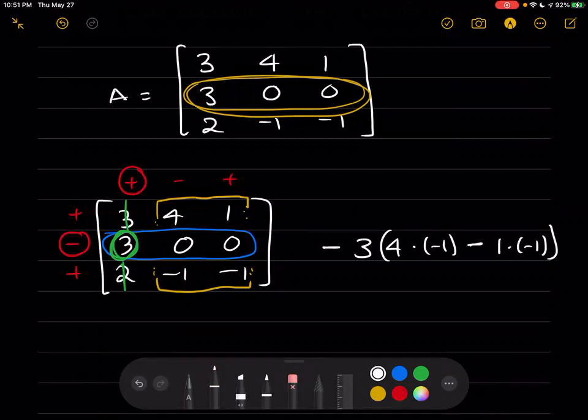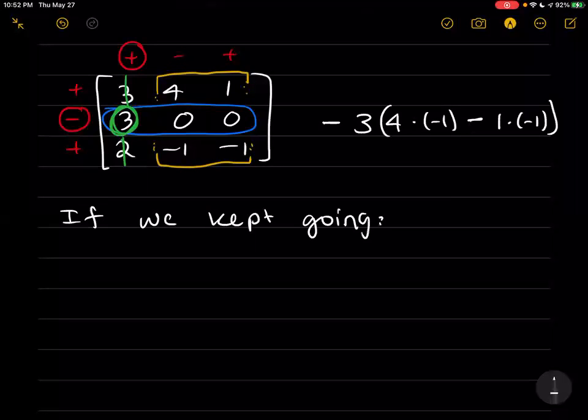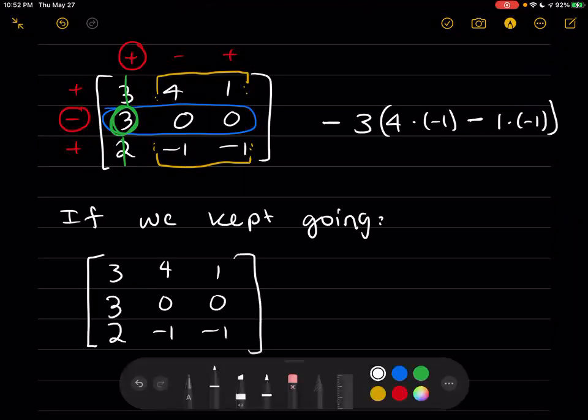Okay. Now notice that if we kept going, let's say we wanted to go ahead and do the next column. And we're focused on this row right here, and we wanted to look at this column.